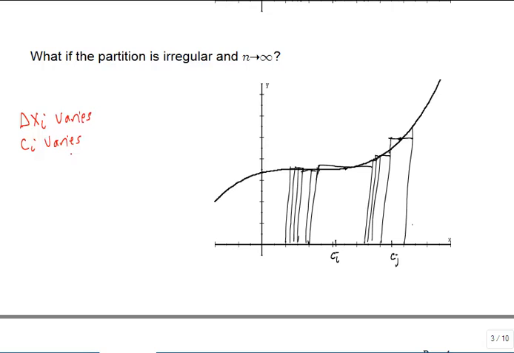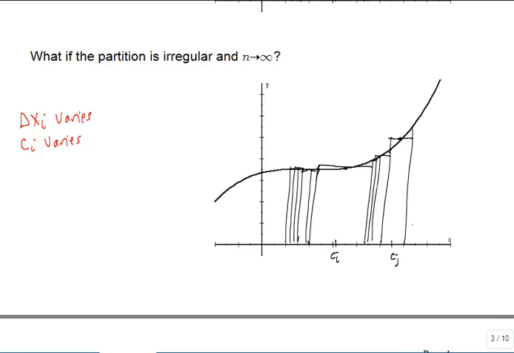So this particular picture probably would not give us the exact area because we have two really big intervals here that would have a lot of inaccuracy in determining that area approximation, even though all the other ones might be really small. So as n goes to infinity, we might be stuck with some really big ones and all the rest being really, really tiny.